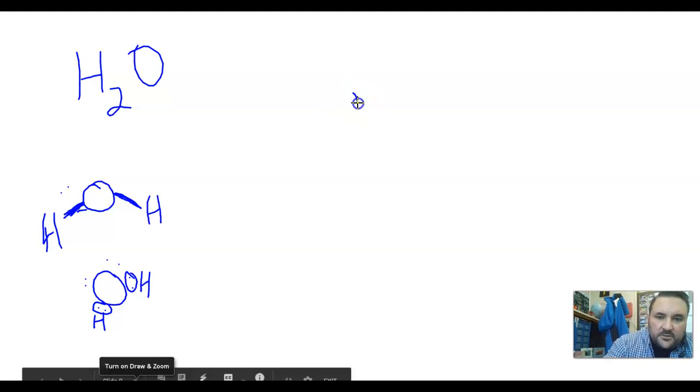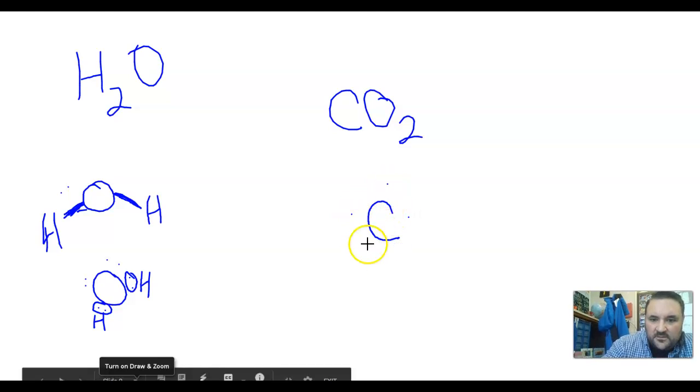The other one that's real common, CO2, yeah, that's carbon dioxide. Carbon is in the middle. Carbon actually has 4 valence electrons. Oxygen has 6 valence electrons and would like to gain 2.